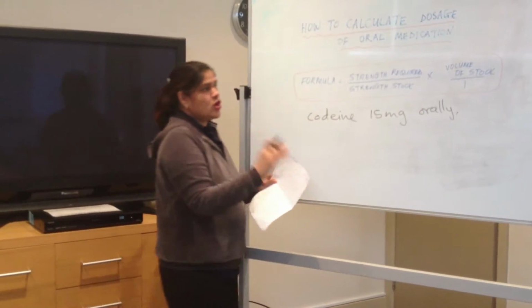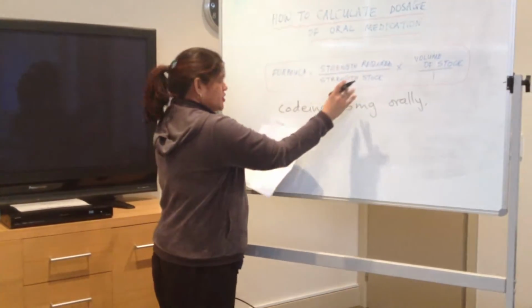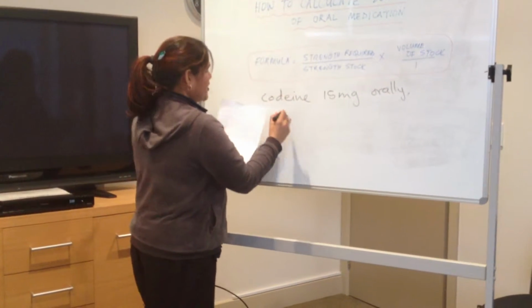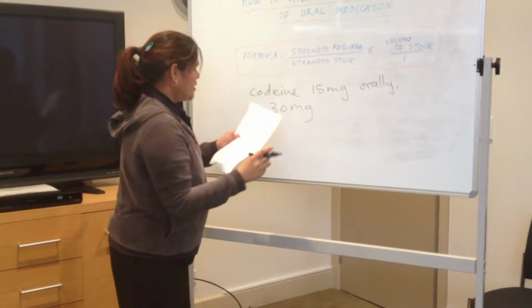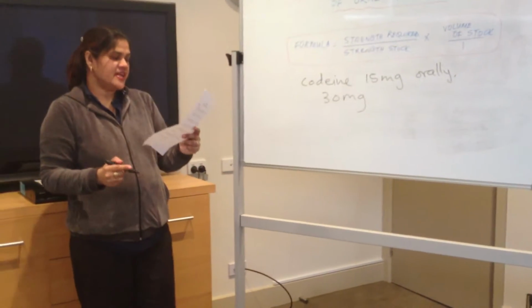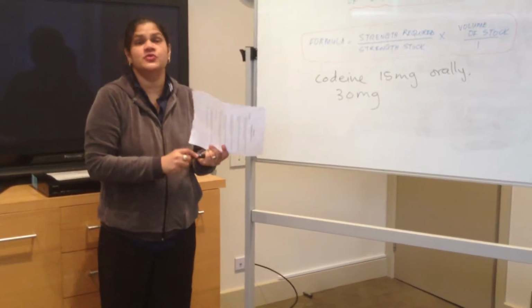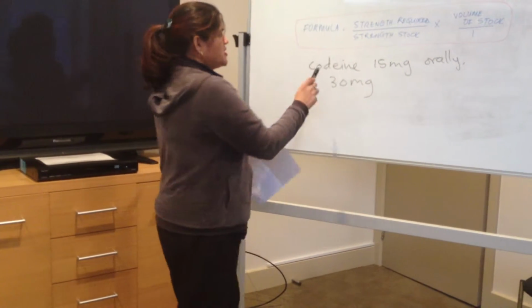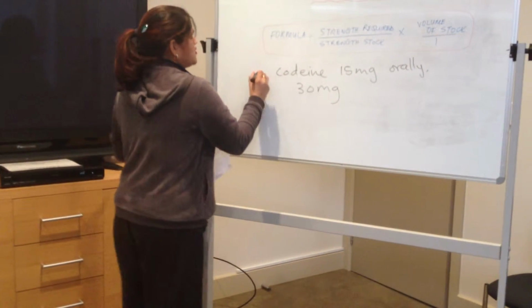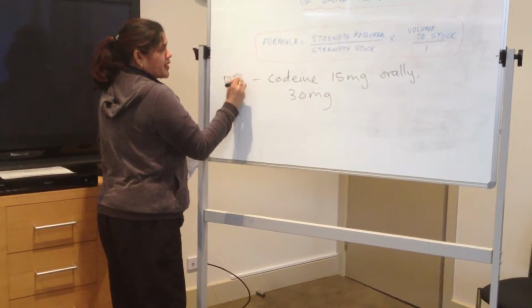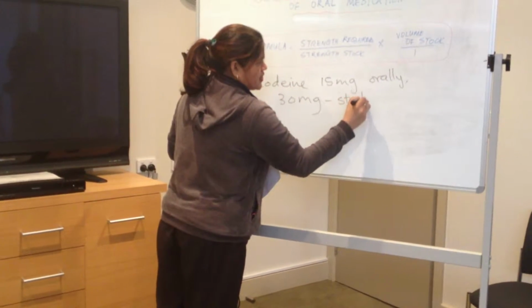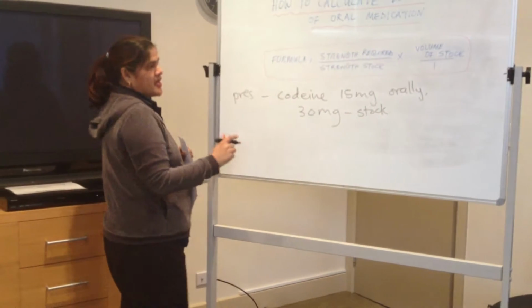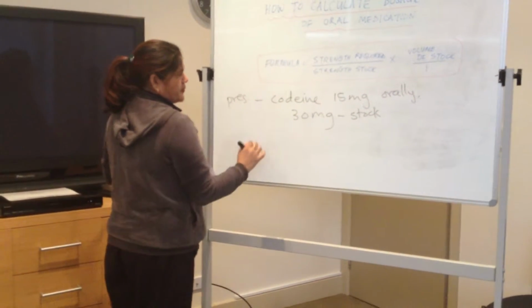And in your stock you have 30 milligrams of codeine. Now, how many tablets are you going to administer to this patient? This is the prescription from the doctor, and this is what you have in stock. So how you're going to work this out is using this formula.